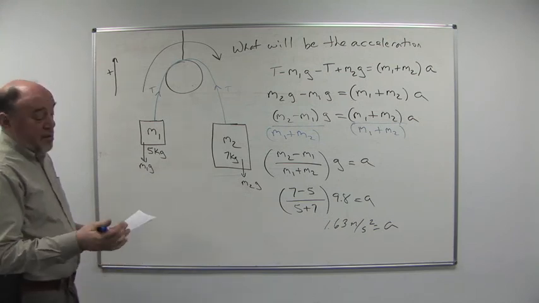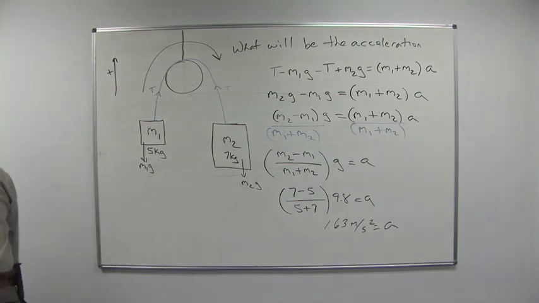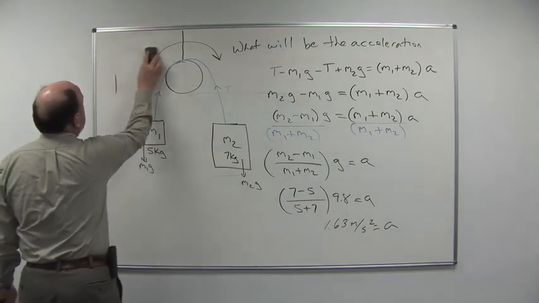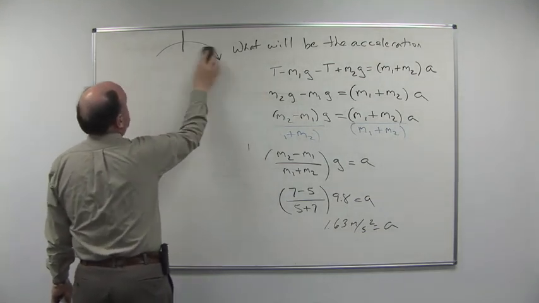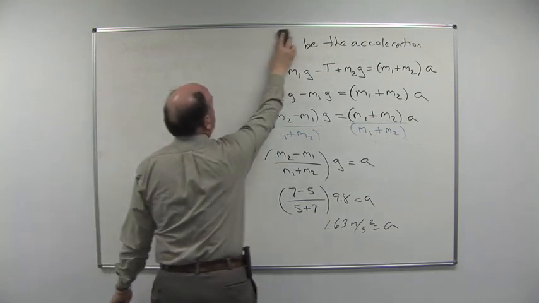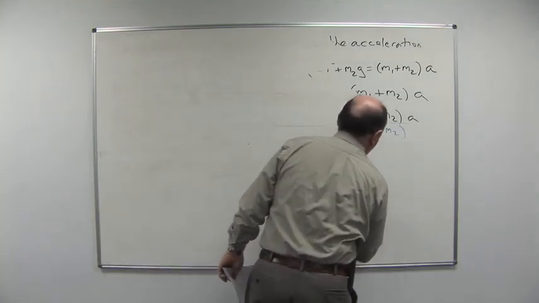Okay? Well, in terms of forces acting on the system, the other force that can act on the system then is friction. And so friction is a force which acts in the opposite direction of motion.